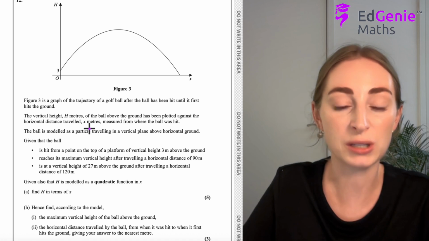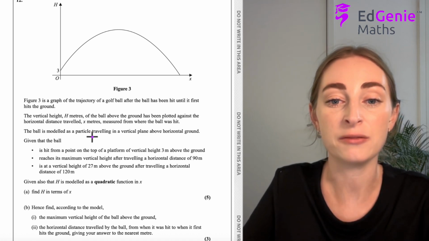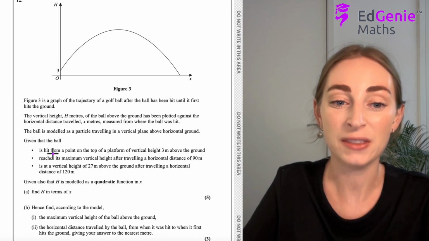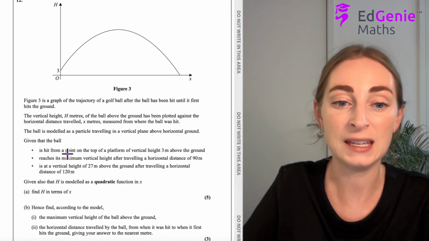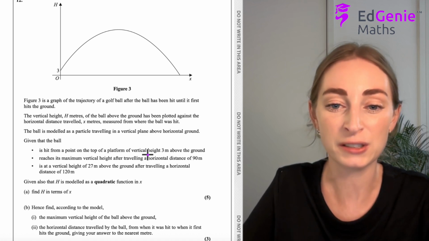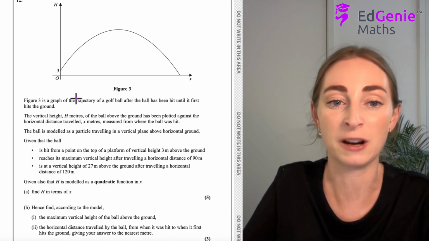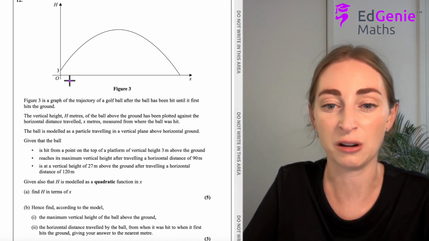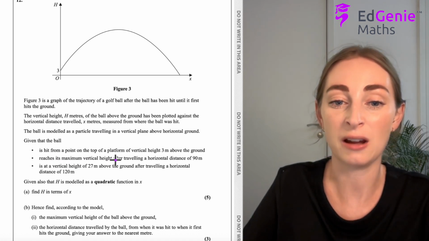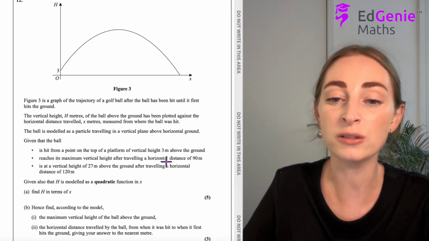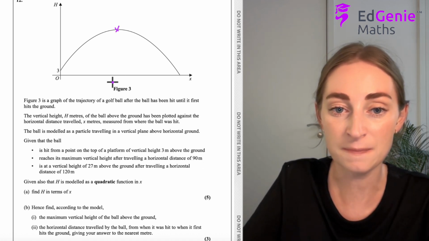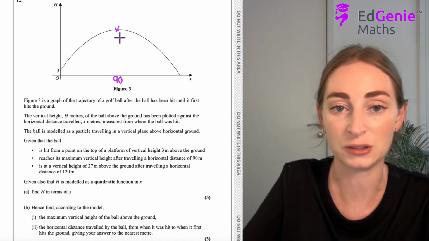The ball is modelled as a particle travelling in a vertical plane above horizontal ground. Given that the ball is hit from a point at the top of a platform of vertical height 3 meters above the ground, so they've given us that on the graph anyway, it reaches its maximum vertical height after travelling a horizontal distance of 90. So this point here is 90, and that's your maximum.